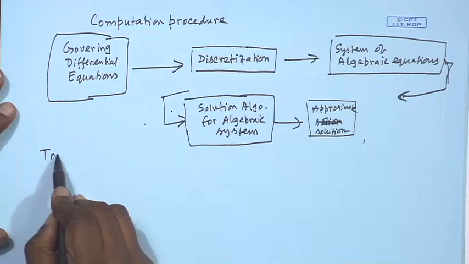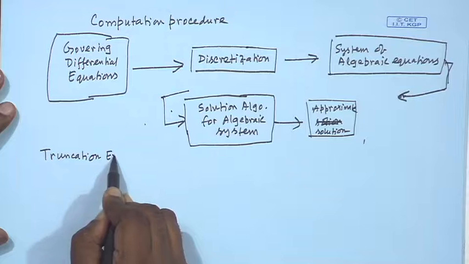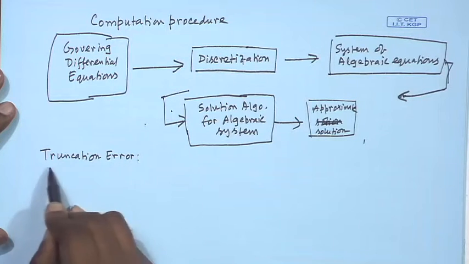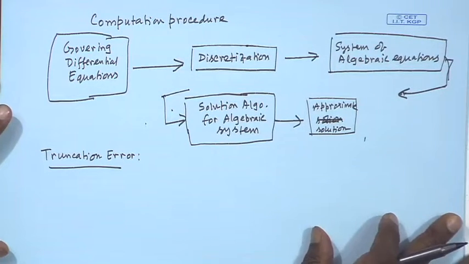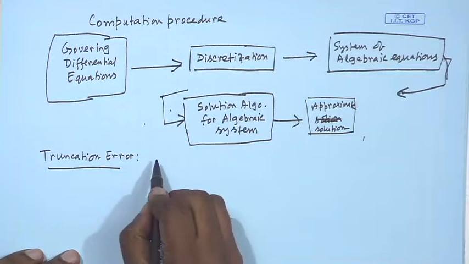So, we define the truncation error, which measures the accuracy of the method.